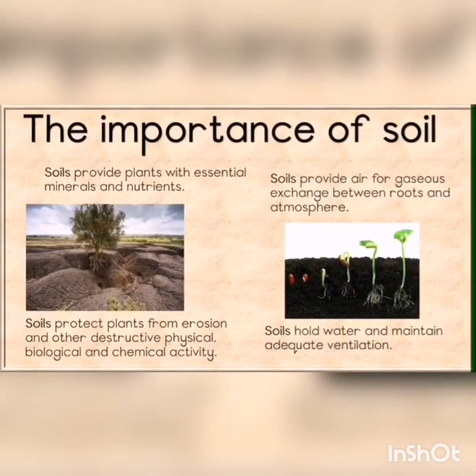Soils provide plants with essential minerals and nutrients. They provide air for gaseous exchange between roots and the atmosphere. Soils protect plants from erosion and other destructive physical, biological, and chemical activity. Soils hold water and maintain adequate ventilation.